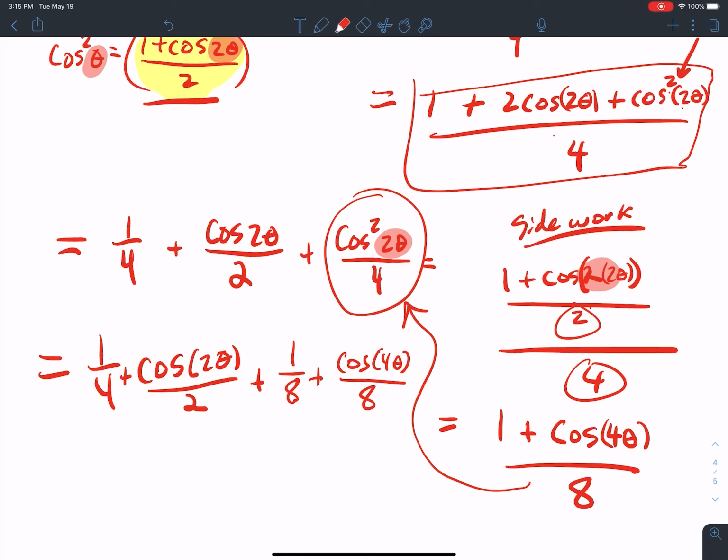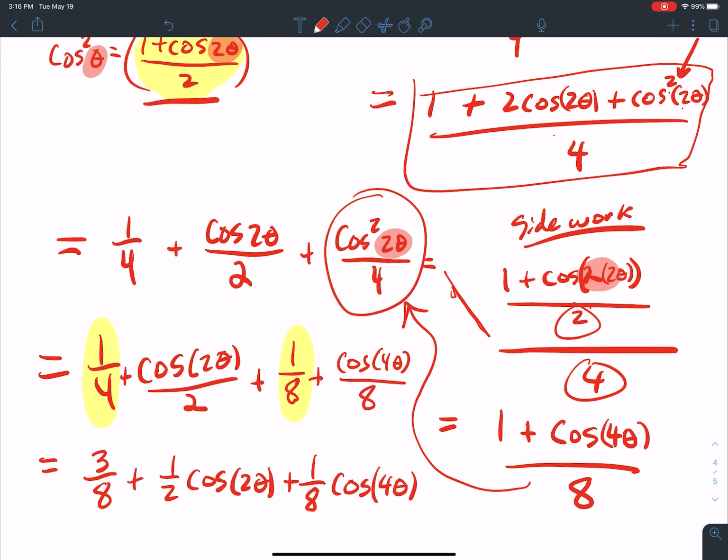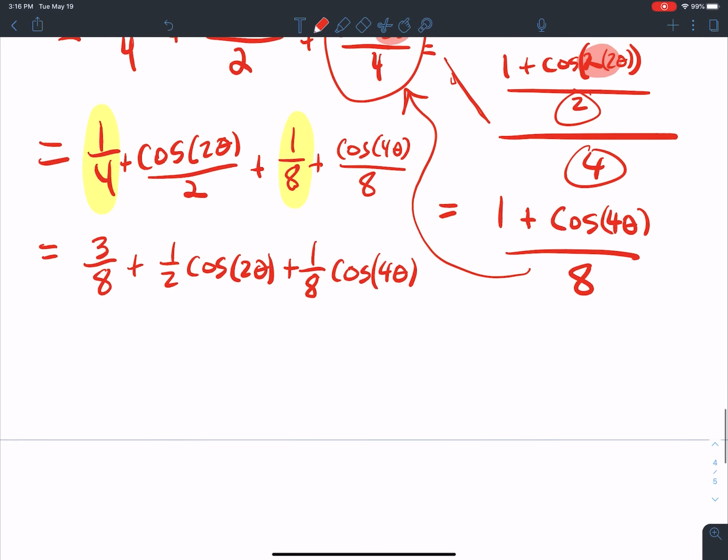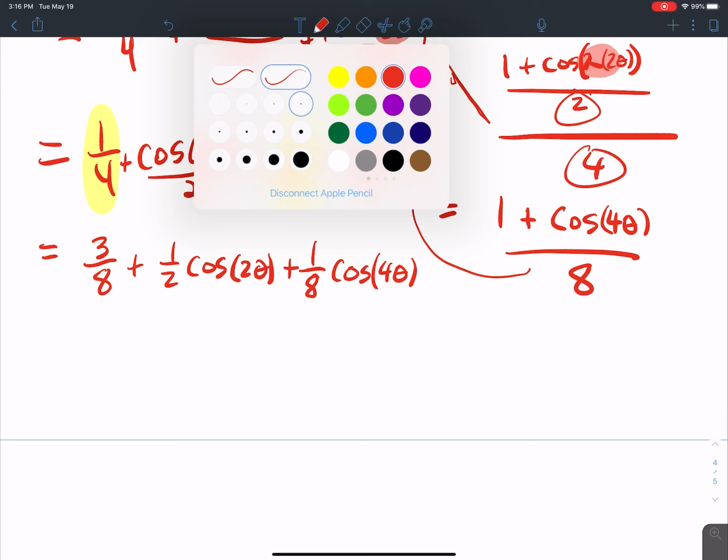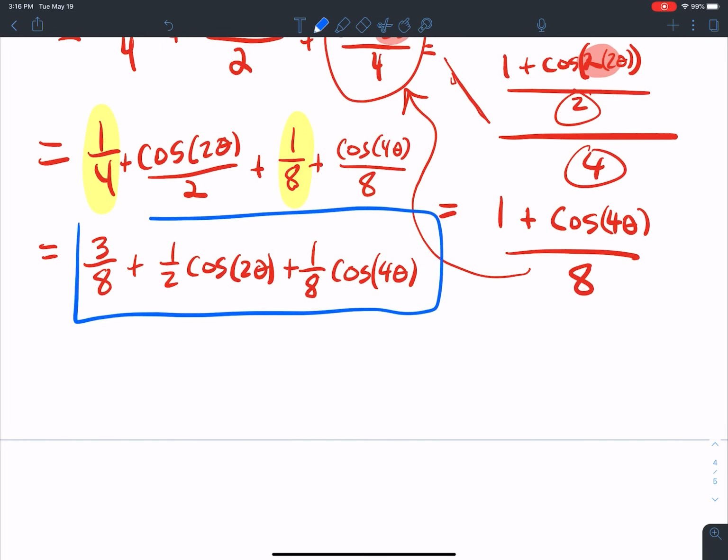Okay, so I can combine 1/4 and 1/8, and that's going to get me 3/8 plus 1/2 cosine 2 theta plus 1/8 cosine 4 theta. Now maybe I jumped too many steps to get from here to here, so let me talk about that one more time, okay, just to make sure we're good. So this is my final answer right here, by the way.